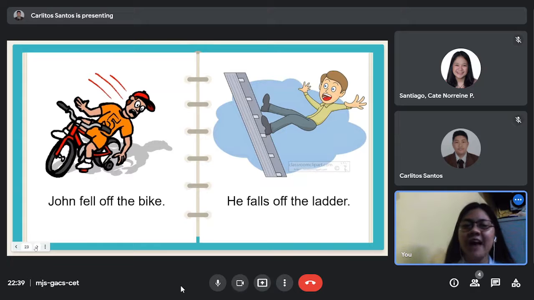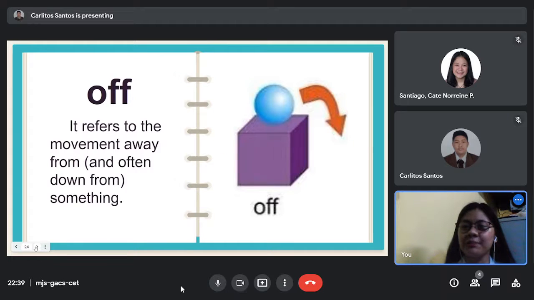And then let's have the meaning of off. It refers to the movement away from and often down from something. Again, the common word in the pictures earlier is off, and it refers to the movement away from and often down from something. Then let's also have different sample sentences.